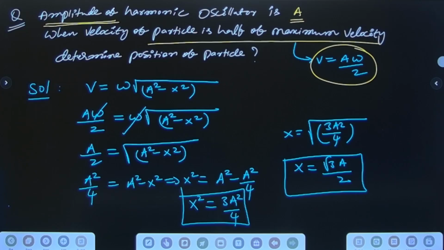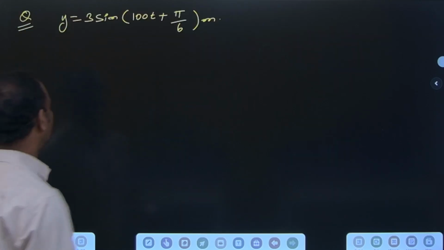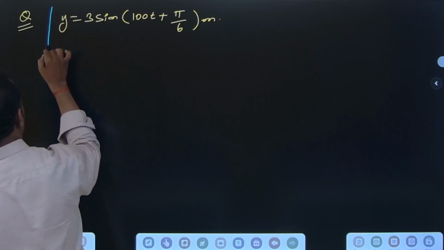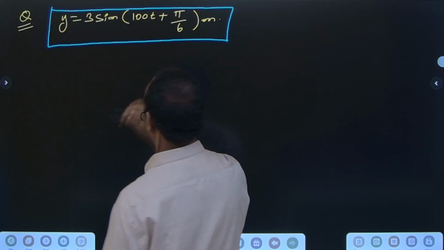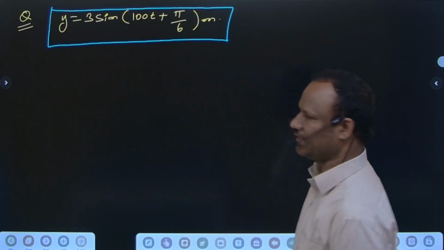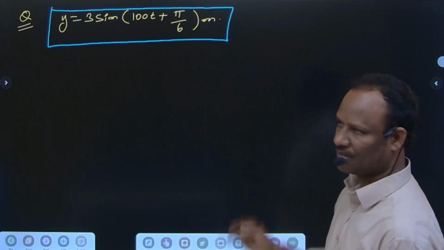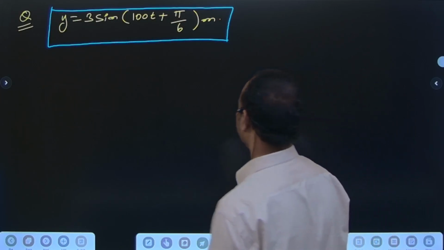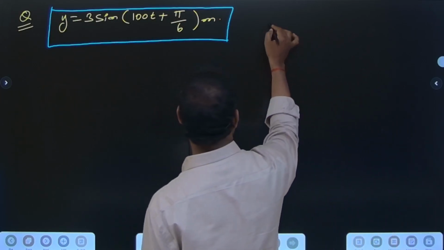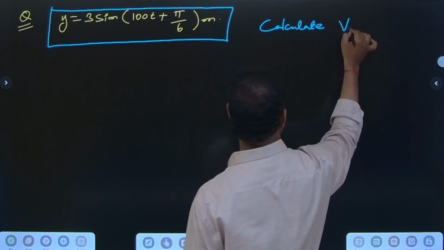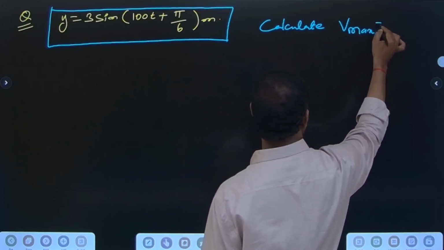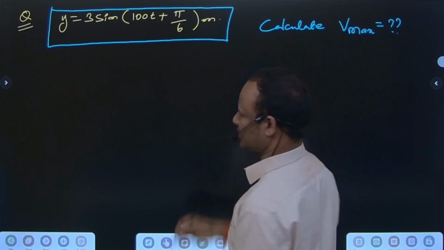So this is one model of question. And the next model of question: the displacement of a particle in SHM is given by y is equal to 3 sine of (100t plus pi by 6) meter. Calculate V max. It's a very simple relation.